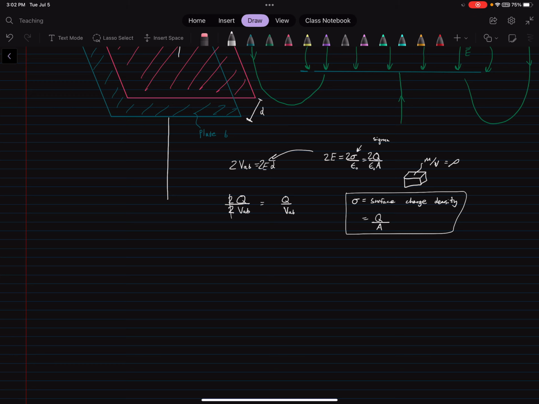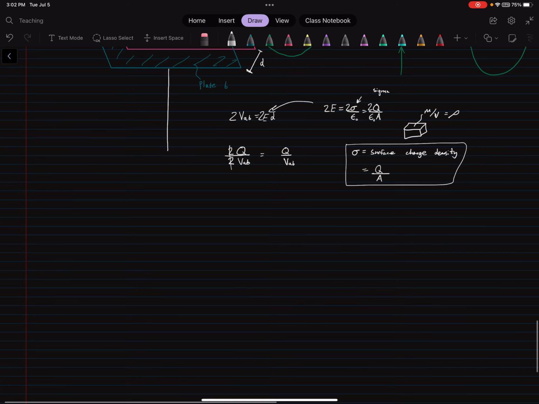So that ratio stays constant. And what that ratio is actually called is the capacitance of a capacitor. Capacitance. And we designate that with an italics C.